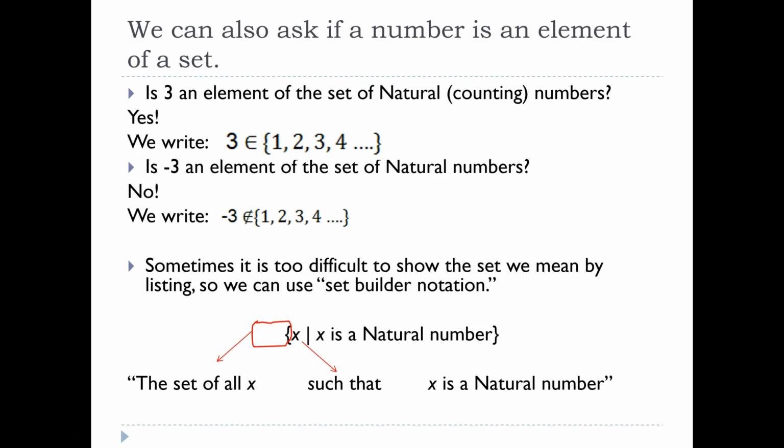The straight up and down line means such that, and then it's x is a natural number. We can also write this, which we read as the set of all x, such that x is an element of, and this fancy N stands for the natural numbers. So that's a nice short way if you don't want to write it all out, but you don't have to.